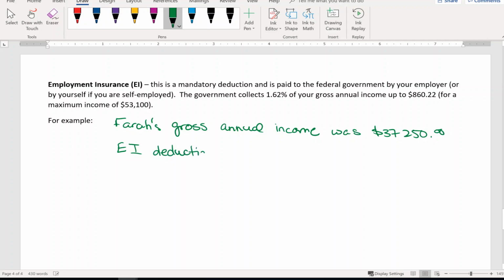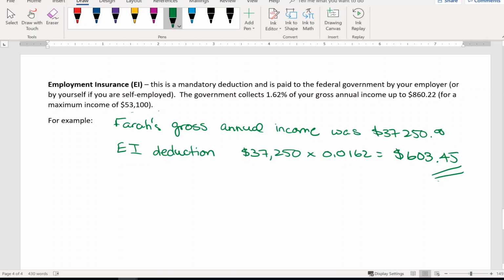We know that this is less than the maximum income, so we take her income, $37,250, and multiply that by 1.62%. If we do that, we get $603.45. That would be the employment insurance that she would have to pay.